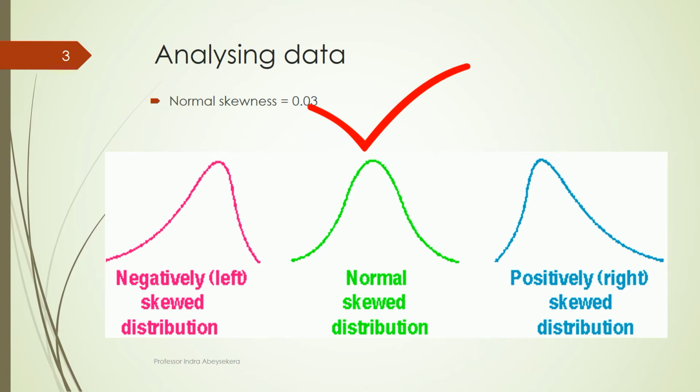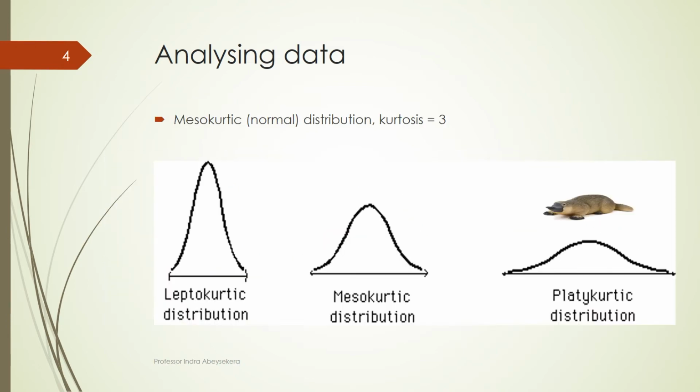The normal skewness is considered as 0.03, close to 0. Then in the normal distribution you can also have a peaked curve, peaked towards the center, that's called leptokurtic, and then it could also be that the center is flattened and the extremes become, rather than fewer, a bit more towards both sides.